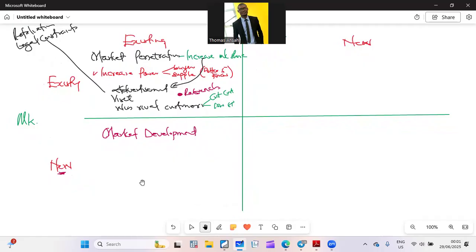So let's say your product is selling in Ghana, you want to enter into a new market like the UK. All right. So when you are going, you need to target specific demographics.